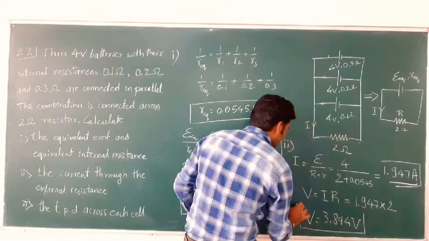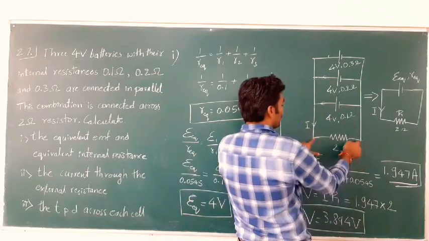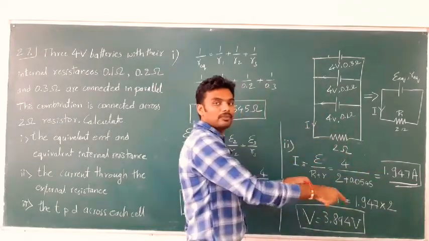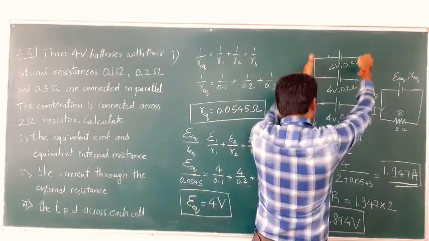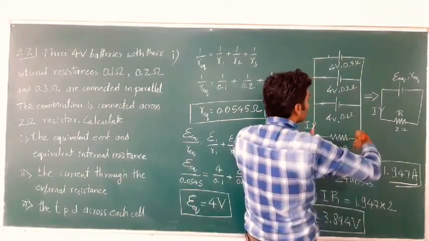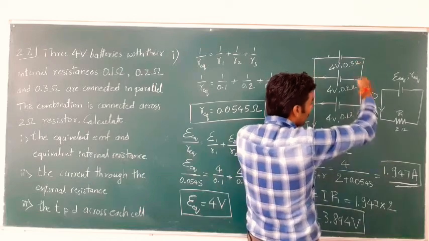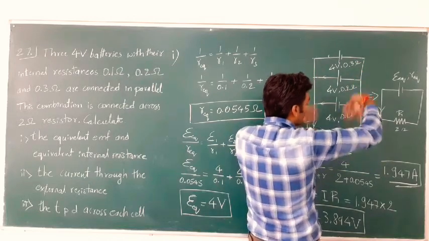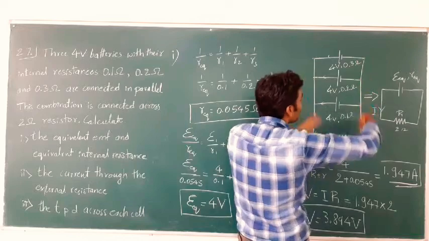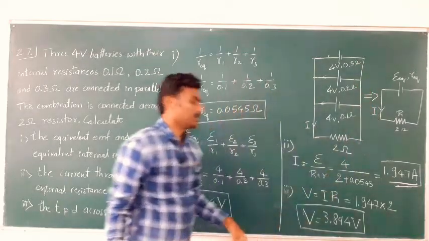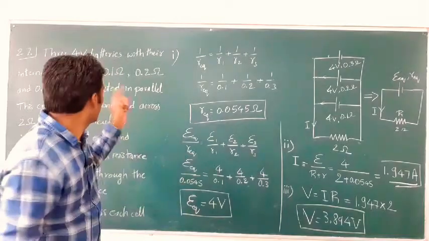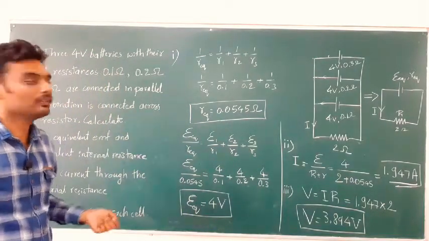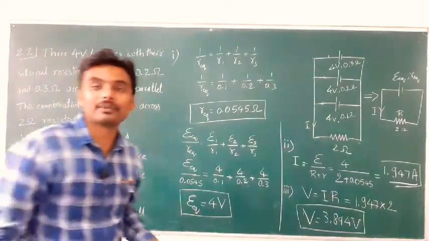So this is the voltage across the resistor, which itself will be the voltage across this cell and this cell, because all these four devices, 3 cells and resistor, are connected in parallel combination. Okay, parallel combination, voltage is same. Clear with this? So this is the solution for 27th question.